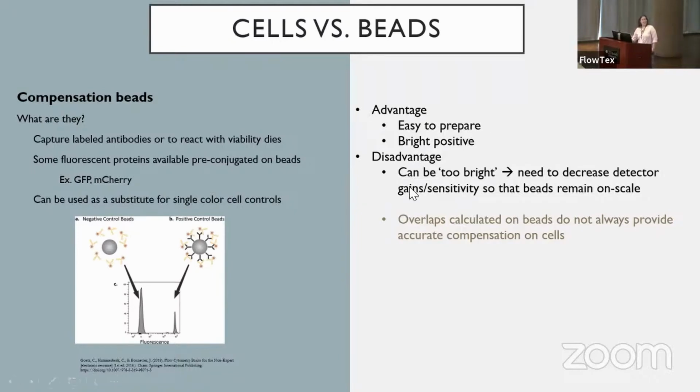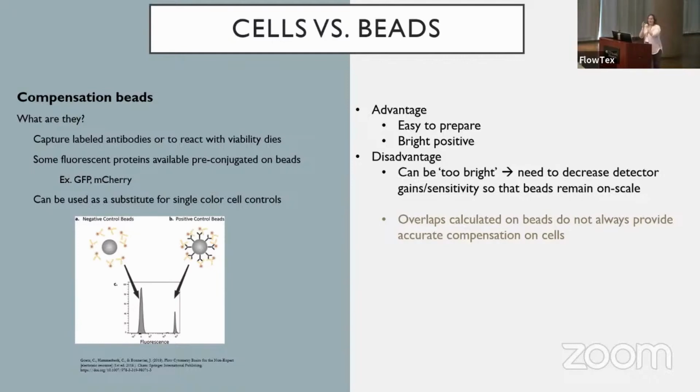The disadvantage is they can be too bright. So in our facility, we have the best signal to noise set up on all of our detectors. The intention is that if I have a very dim signal and the best signal to noise on that detector, and my positive is just above my dim right here, I should be able to resolve that. And none of our users have to worry about increasing the voltage on that detector any further to get better resolution, because it just won't help them.